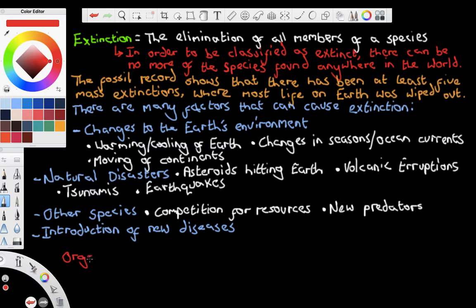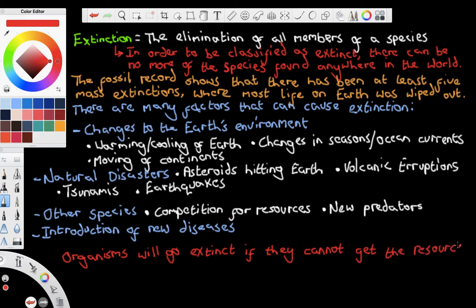Organisms will go extinct if they cannot get the resources they need to survive.